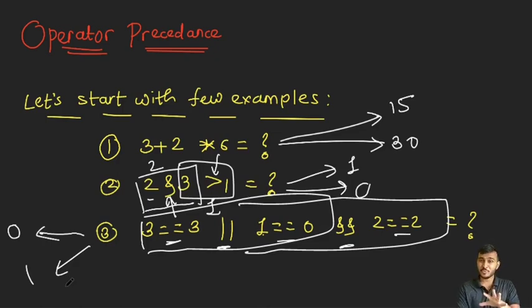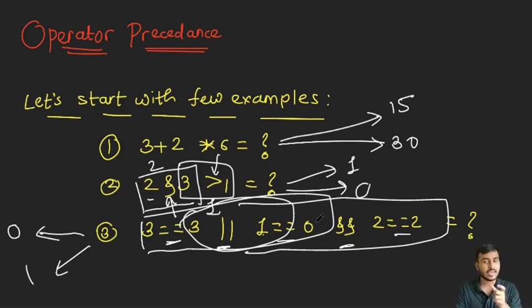Some of you may think a little differently, or you may try to do this expression this way. Let's say 3 equal to 3 or 1, and then equal to 0, and then it will become very complex. The way expression evaluation works is, the expression is divided into tokens, and based on that the expression is evaluated.